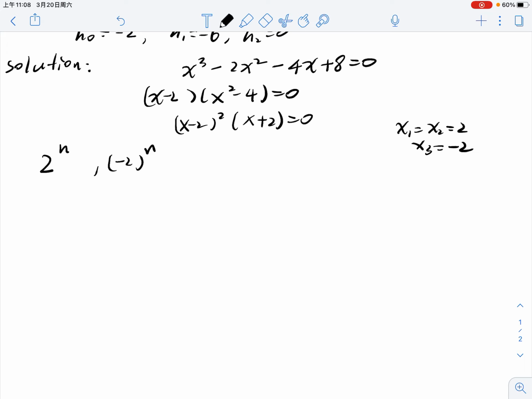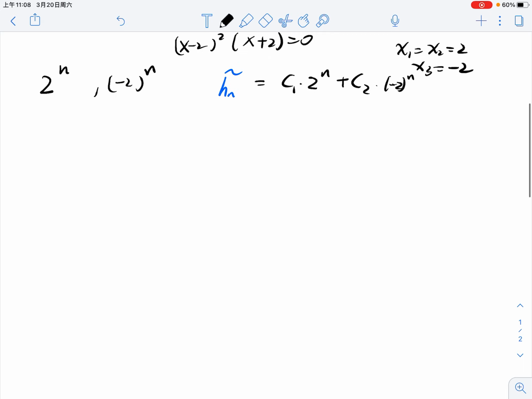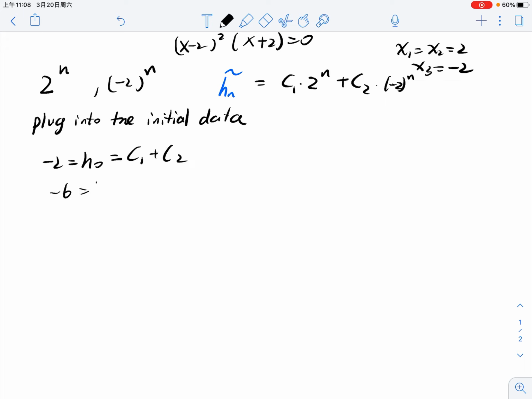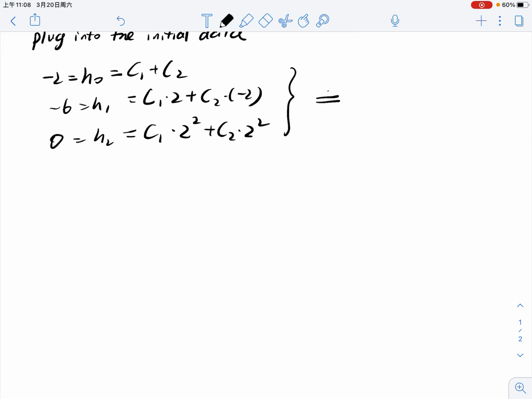Now if we set up the general solution as Hn equals C1 times 2 to the nth power plus C2 times -2 to the nth power, and plug into the initial data, you get -2 is H0 equals C1 plus C2, -2 is H1 equals C1 times 2 plus C2 times -2, and 0 is H2 equals C1 times 2 squared plus C2 times 2 squared. From this, you get no solution.